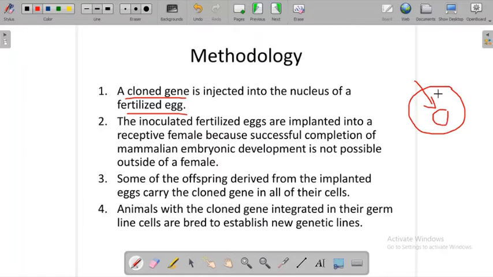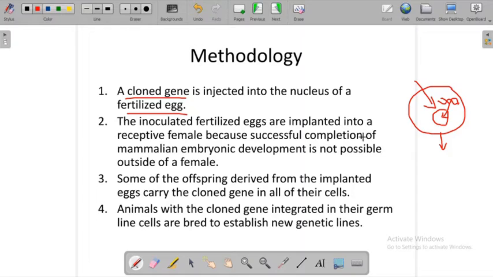This is the nucleus, and the genetic material can easily go and bind to its chromosomal material. Then we can inoculate that egg again into the foster mother of that particular species, and then we can get the transgenic animal.